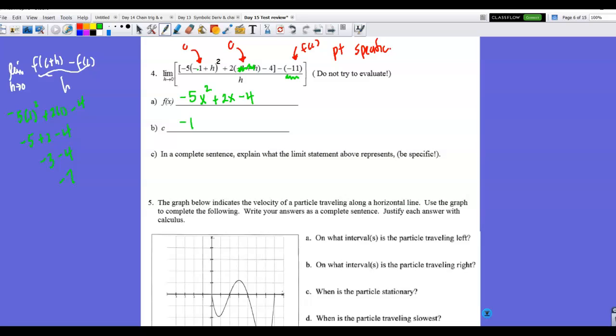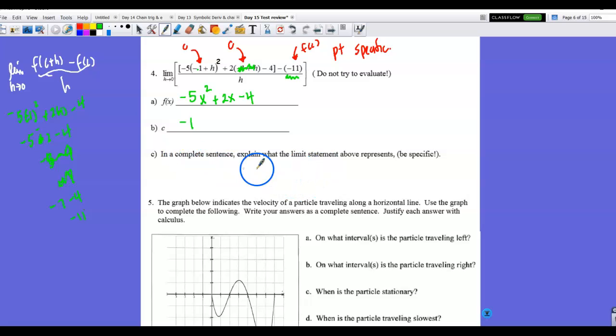Interesting. Wait, I see an error. I'm not happy that I made an error. I'm supposed to be substituting -1. So in here, this should be -1, and this should be -1. You probably already caught that. Good for you. So that would give me -5 minus 2, so that's -7 minus 4. Yes, that is -11. Hopefully you caught my mistake.